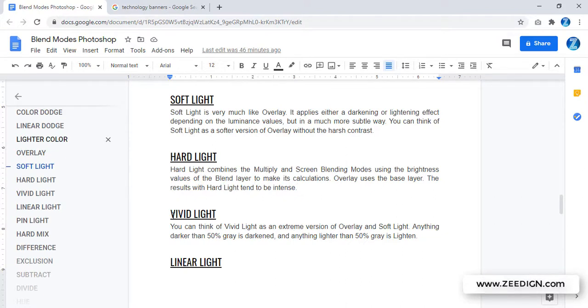This blend mode has a criteria, a formula for its execution, that if something is darker than some particular value of gray, it will make it darker, and if something is lighter than that threshold value, it will make it brighter. So that's how vivid light works.